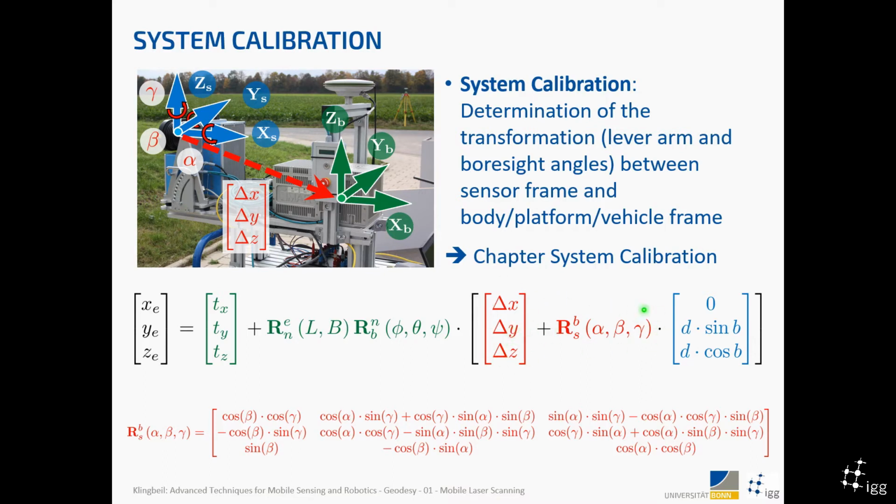The rotation matrix is the direction cosine matrix of those 3 angles, and I've shown it here. Don't try to learn that. It's just for information, so you don't need to write it down. But this is how it looks.